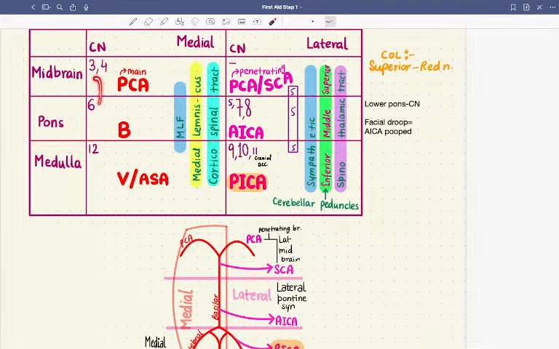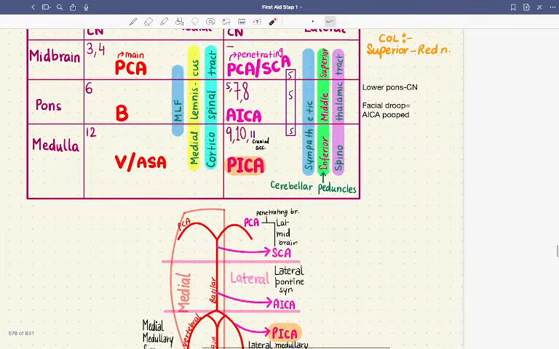Basically, the multiples of 3 are the cranial nerves. Medial, 3. 4 threes are 12, 3 twos are 6, 3 ones are 3, 3 twos are 6, 3 fours are 12. So these are basically factors of each other.